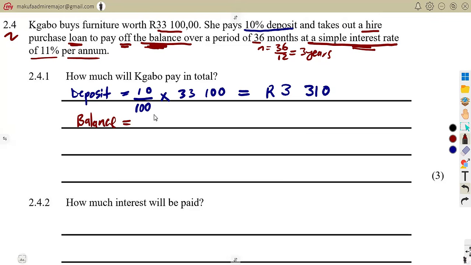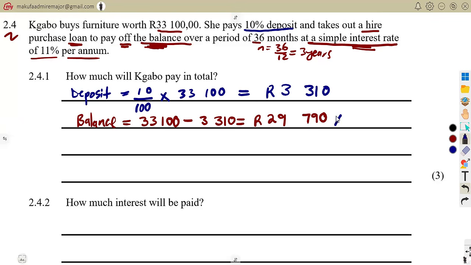The balance is the difference: the actual price, 33,100, minus the deposit, 3,310. So the remaining amount to be paid is 29,790. This is the balance, the amount that is supposed to be paid.